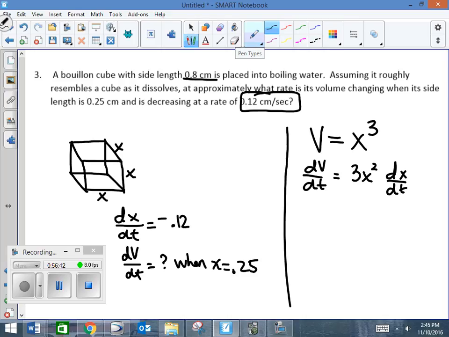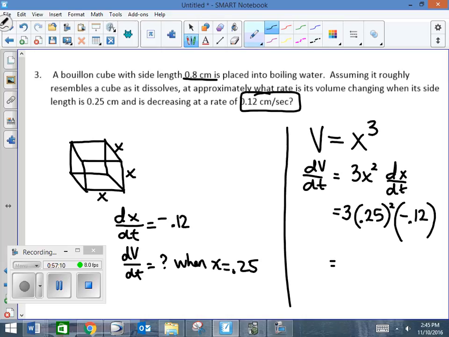You have to write it down because they do that on the free response. They give you points for knowing what you know and what you don't know. So dV/dt is unknown. x goes here, don't forget the square, and negative 0.12 goes there. That's an easy one to solve.